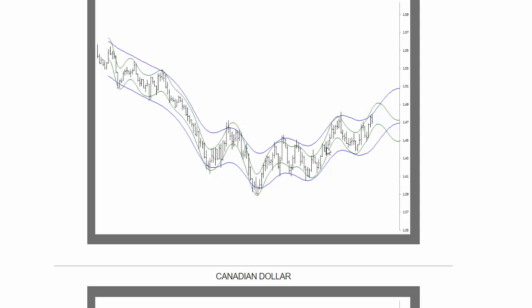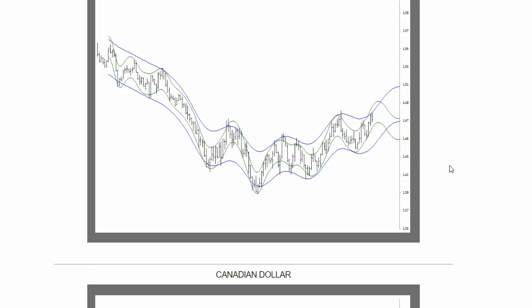But usually, when the market is projecting that it's going to be moving higher, which is what we're anticipating right now with the blue outer cycle envelope, we'd be looking for any correction here not to go below here for this pattern to continue.